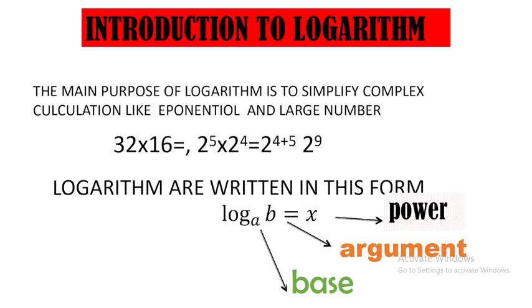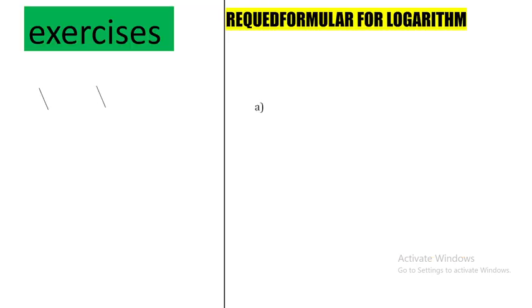So let's continue to see the exercise which will help you to understand this more. Exercise: we have log 9 in base 3, and for this we must raise 9 in base 3, where we get 3 power 2 in base 3, which will be equal to x.